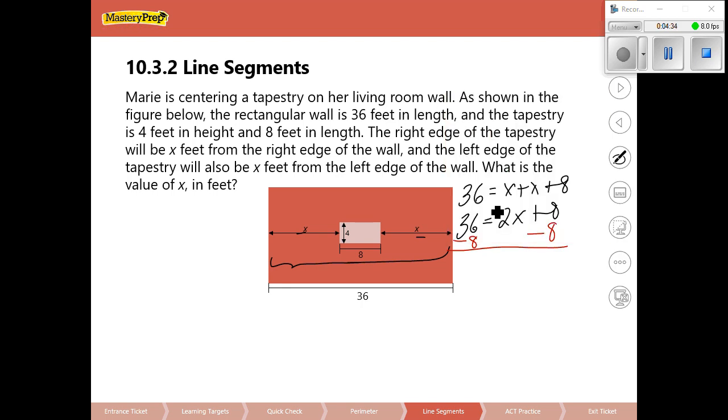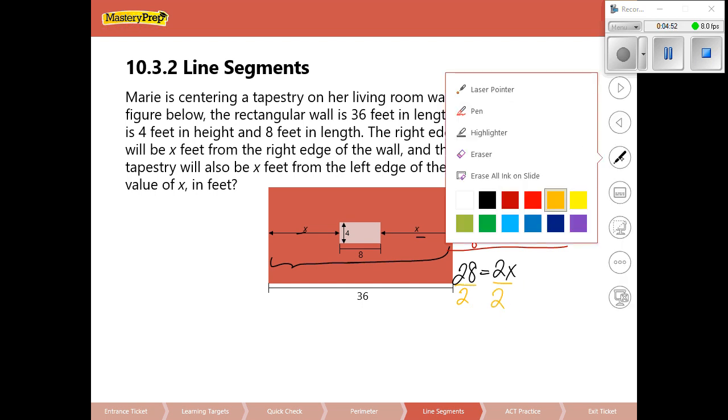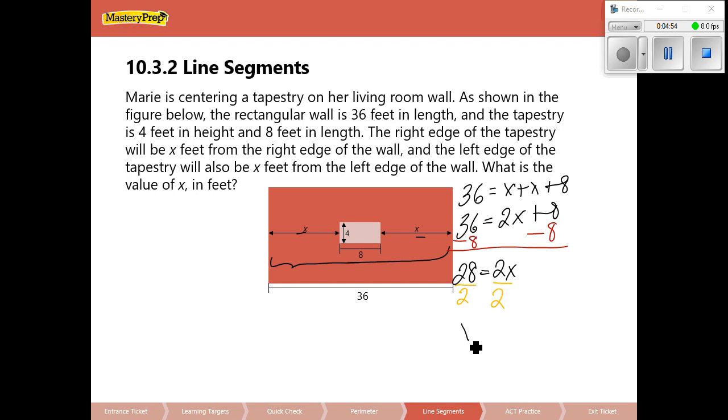And if we subtract 8 from both sides, 36 minus 8 is, so 28 is equal to 2X. And then we can divide both sides by 2, which tells me that X is equal to. That's all that we would need to do here.